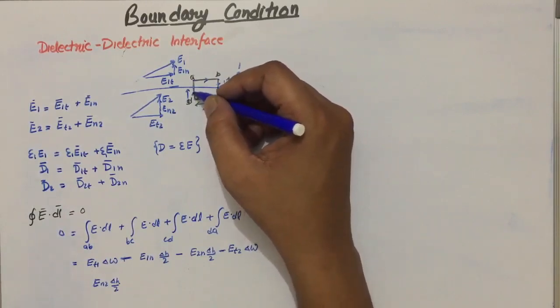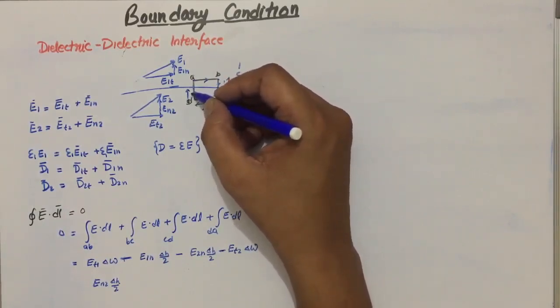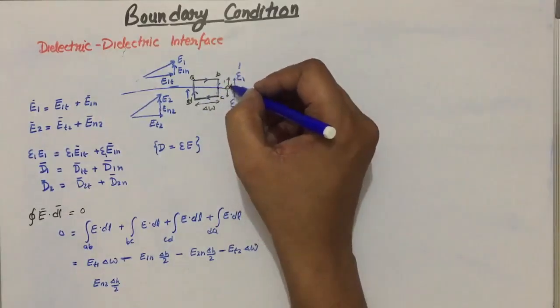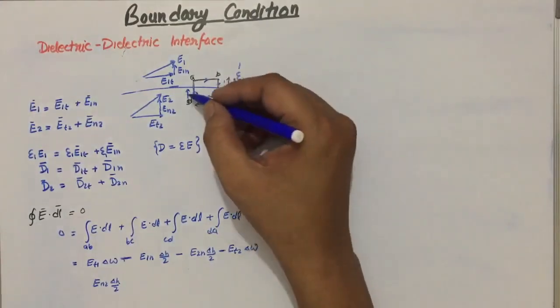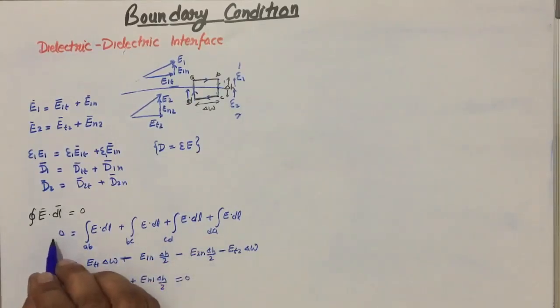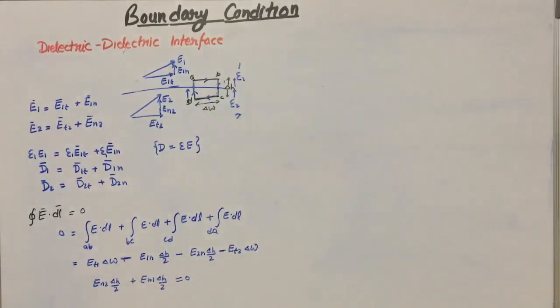The angle between these two will be 0, and the dot product will give you 1. Here it is just opposite. One is in this direction, E is in this direction, 180 degrees. Here 0 degrees. So you can say E into del H by 2. Same way here as well, plus E1n del H by 2. There should not be any confusion up to this point, and it must be equal to 0, because for any closed loop E dot dl will give you 0.